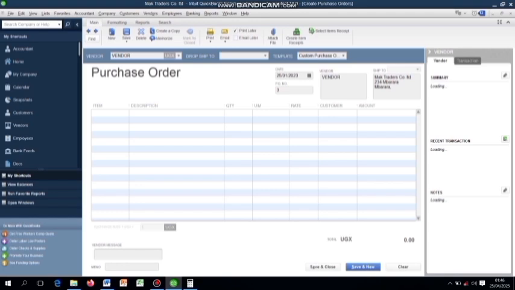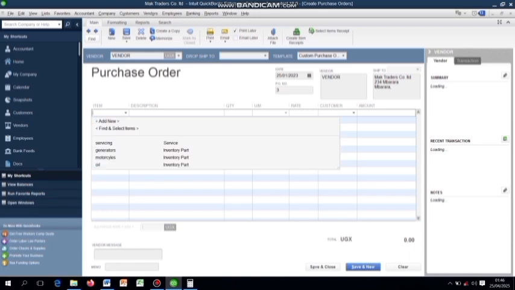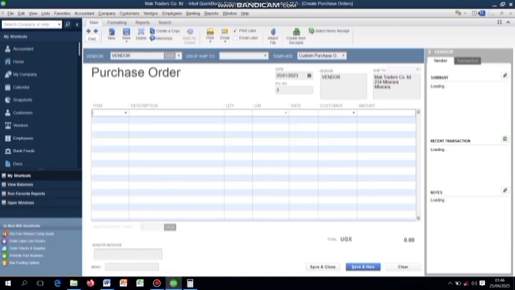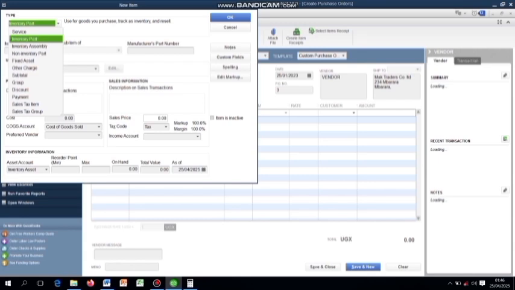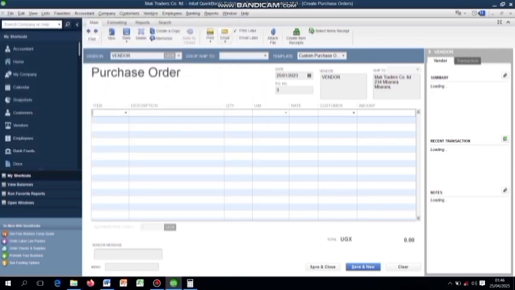So what did he buy? I'll add a new item. I'll say inventory part. The name is computer, but it's not for the business. Just bought, it's not for resale, so I'm not going to do this. I'll cancel it.